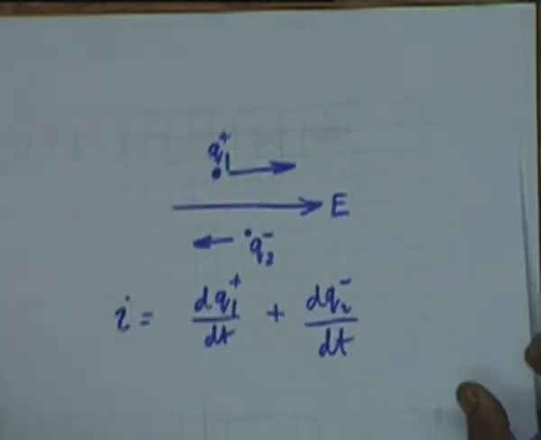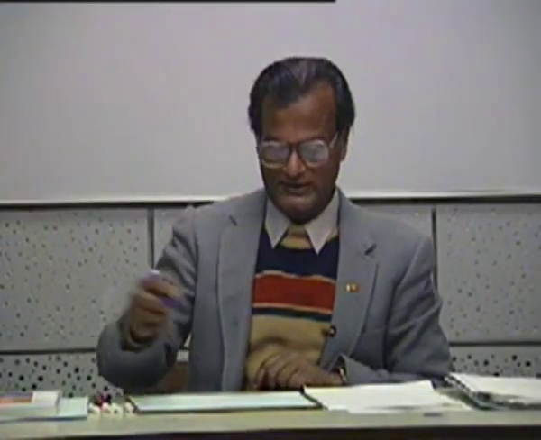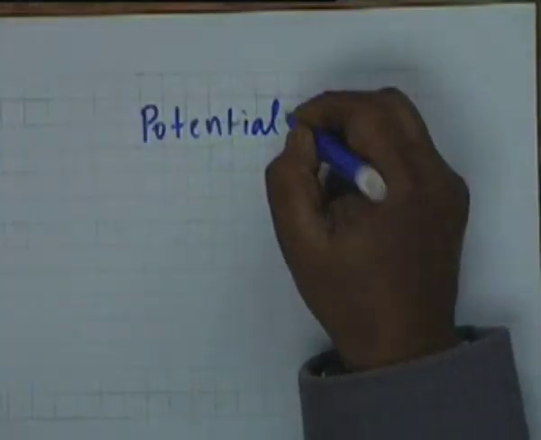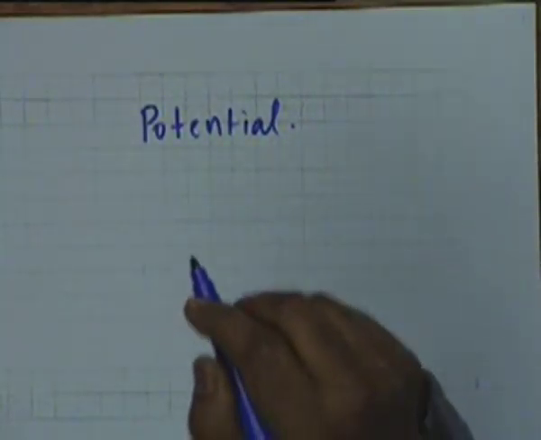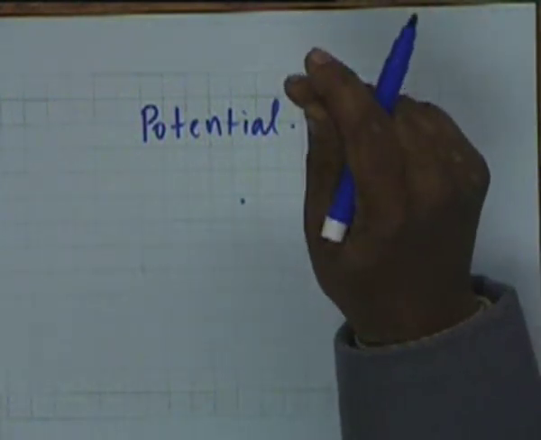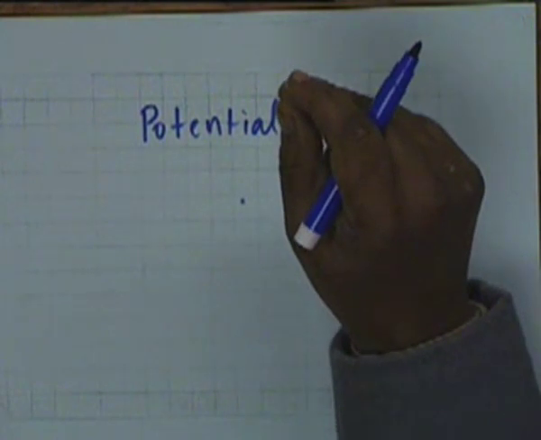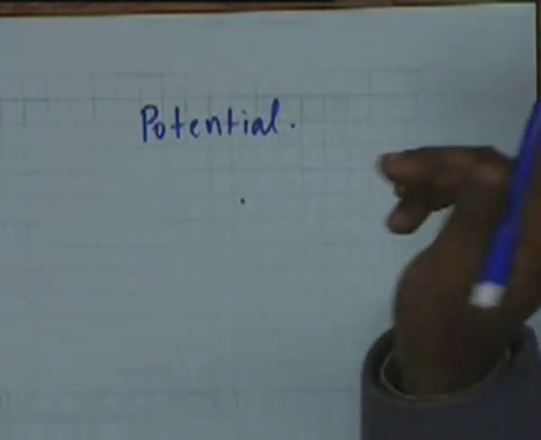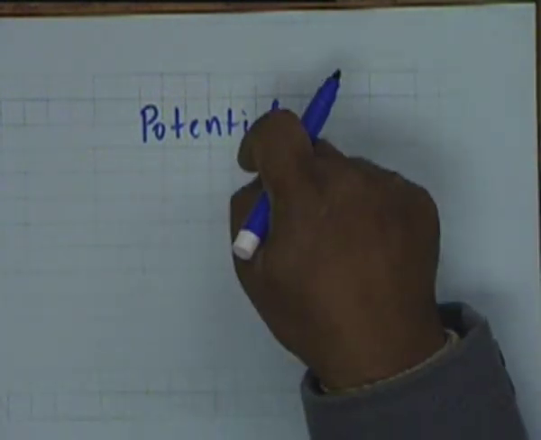One should also recall the definition of potential, because voltage is basically defined from a potential. Electric potential at a point in space is defined as the amount of work required to be done to bring a unit positive charge from infinity up to that point.